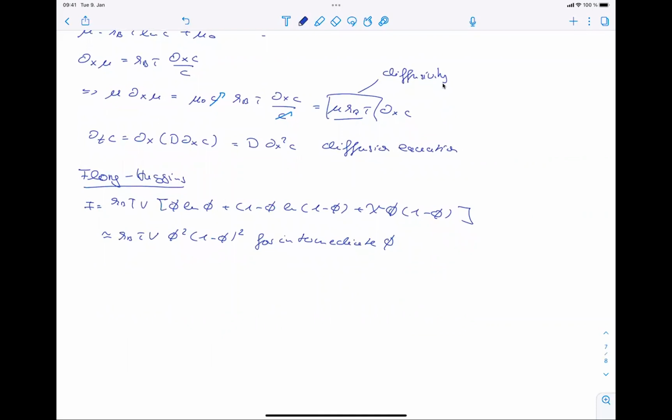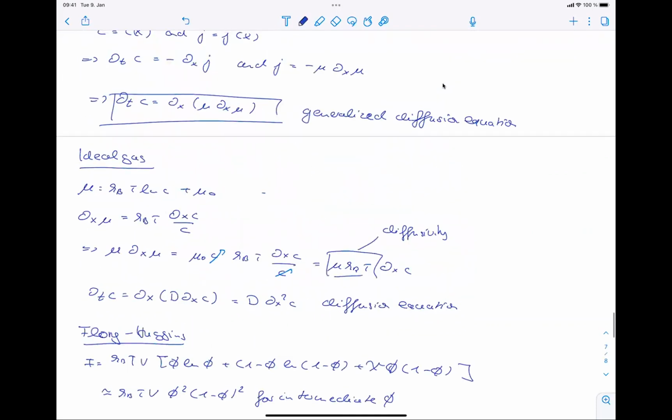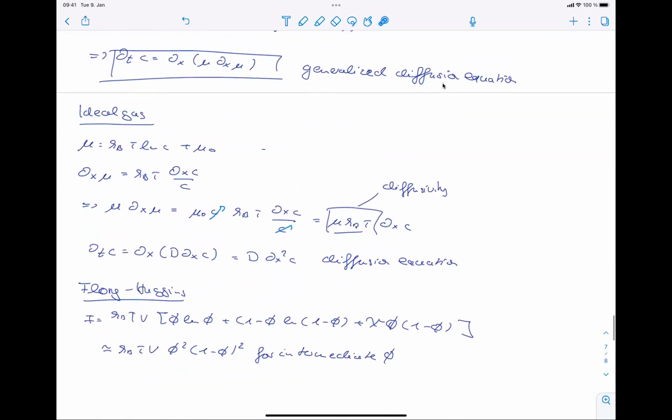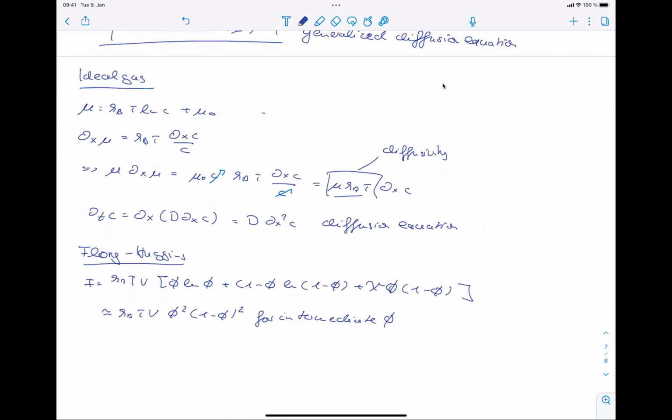We do this because that makes it easier to calculate the chemical potential in this context. So the chemical potential is basically the derivative of this free energy per monomer. So that here then becomes phi times 1 minus phi times 1 minus 2 phi.